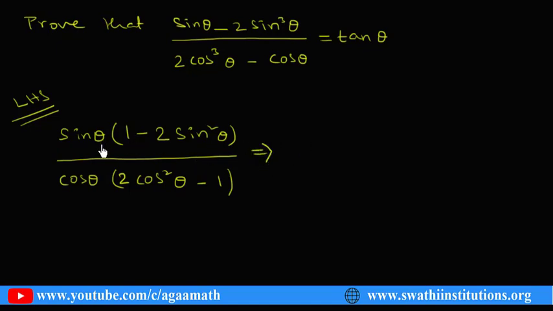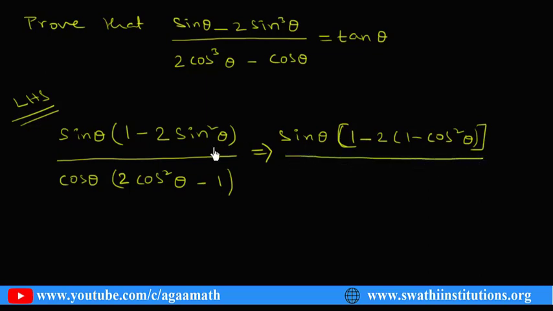So what we do here is, let sine theta be as usual, that is 1 minus 2 of, sine square theta can be written as what? 1 minus cos square theta by, let it be, don't change the denominator, so it is 2 cos square theta minus 1.